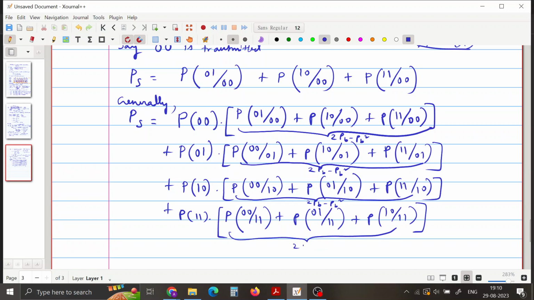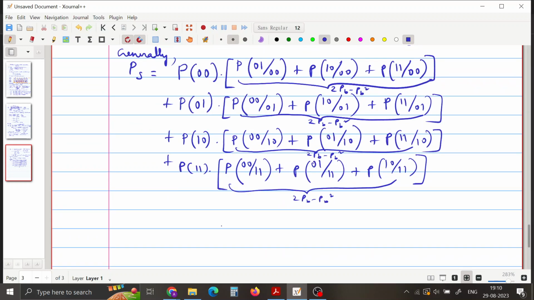Again this is 2 PB minus PB squared, and the assumption is that the probability of transmission of 0 0 equals the probability of transmission of 1 0, 0 1, and 1 1. They are all equally likely, each transmitted with probability 1/4.